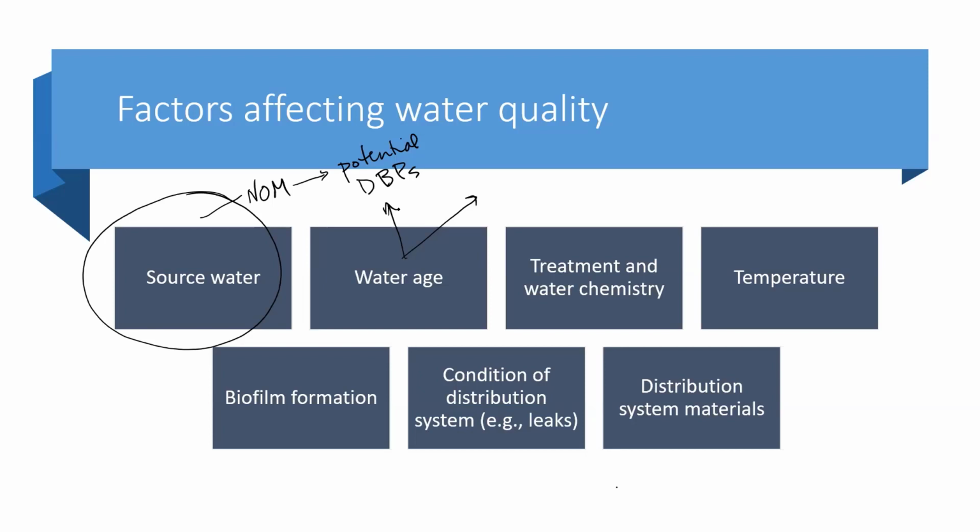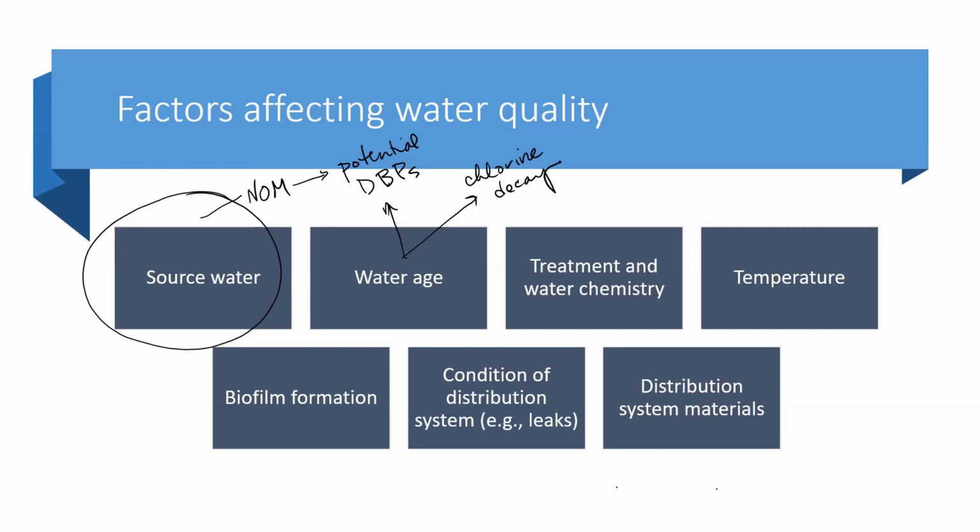The other possibility is that the disinfectant, often we're using chlorine as the disinfectant, that chlorine reacts in the distribution system, and the longer the water age, the more that it degrades and the lower the concentration at the tap.